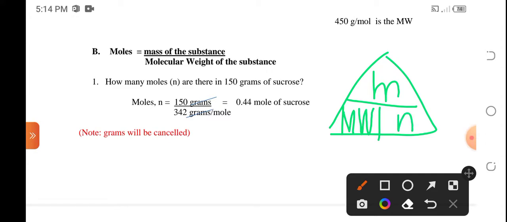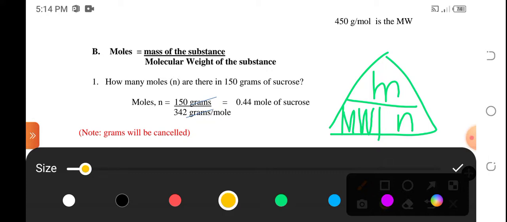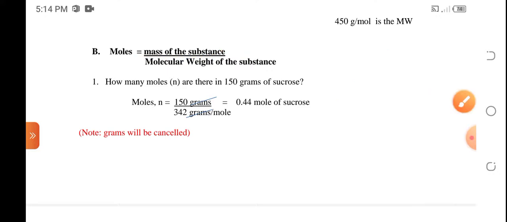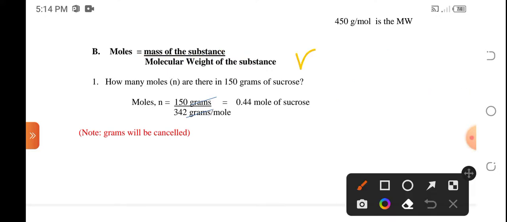So, if we are looking for N, number of moles, it is mass, ito, mass, divided by molecular weight. Okay? So, para mas madaling tandaan, kaya meron tayo itong triangle na ito. M over MW times N. Okay? So, ulitin natin. Moles always have mass over molecular weight.